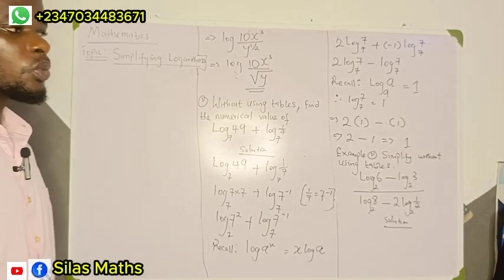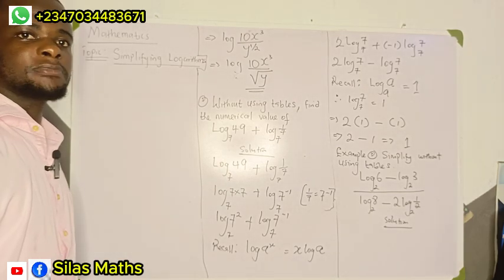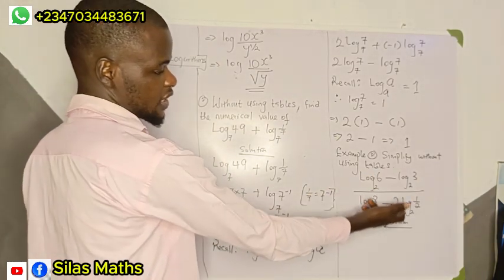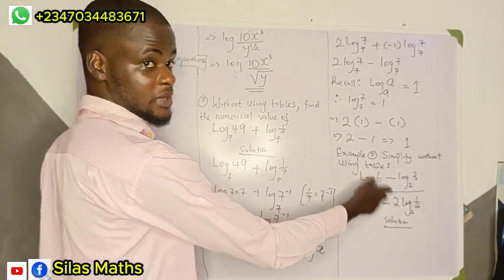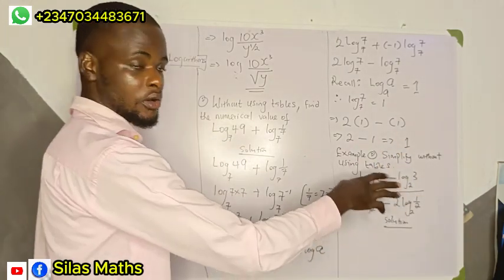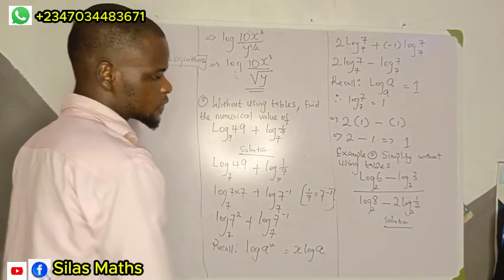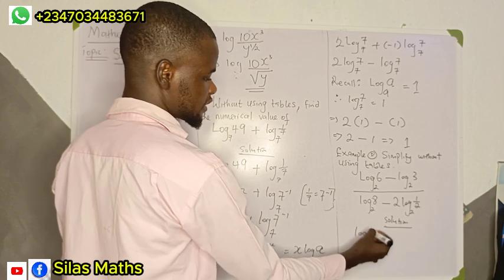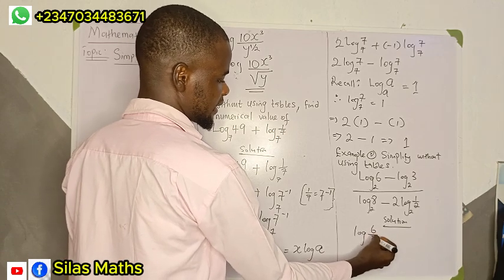So solution, what do we do? Taking cognizance of what we have here, we discover that we have subtraction here. So that means subtraction law is going to be applied, simply because the logs are all of the same base 2. So for the numerator, I'm going to have log of 6 divided by 3.